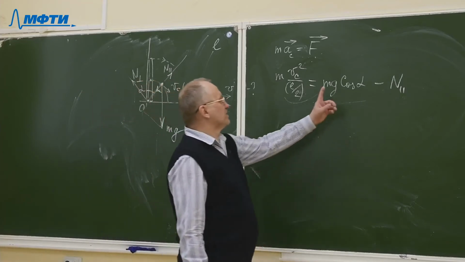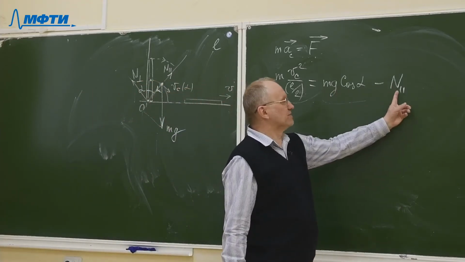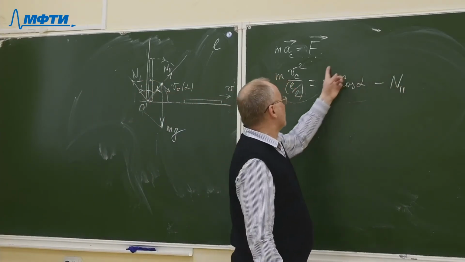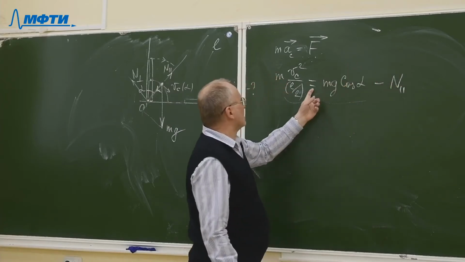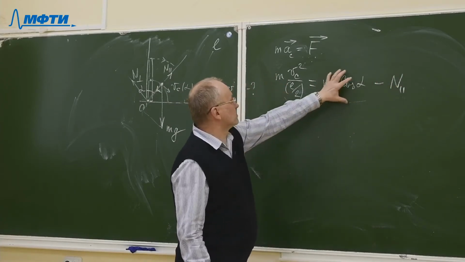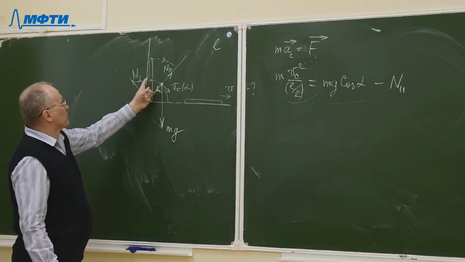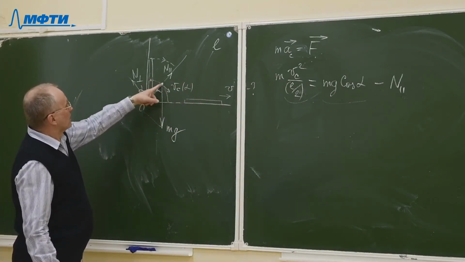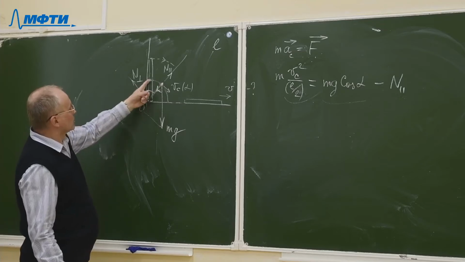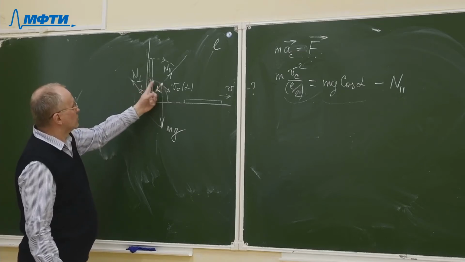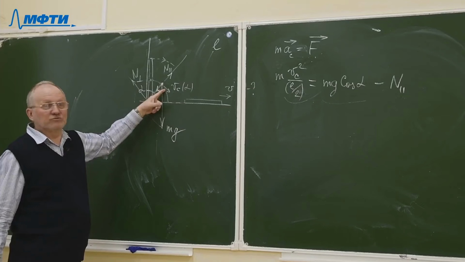What happens if this first term is larger than this second term? Then the right part of this equation will be positive, and the centripetal acceleration will be positive, and the body will move in such a way that its center of mass has centripetal acceleration. That is, the center of mass will move along this circular trajectory.